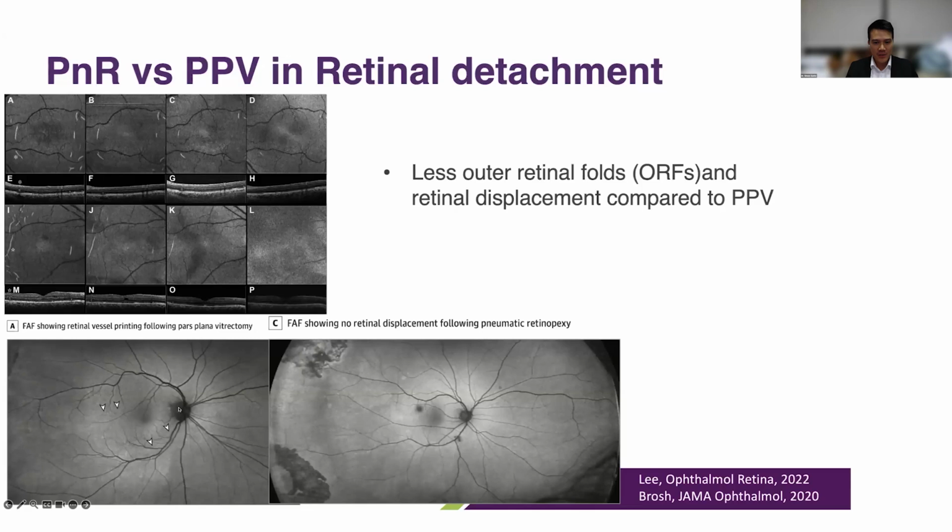You can see in the bottom left picture a retinal displacement in an eye treated with pars plana vitrectomy. Under fundus autofluorescence, the slightly hyper-autofluorescent line highlighted by the white arrow is the original position of the retinal vessels, while the black line here is the final position of the retinal vessels after the surgery. Such a phenomenon is not as commonly observed in eyes treated with pneumatic retinopexy.